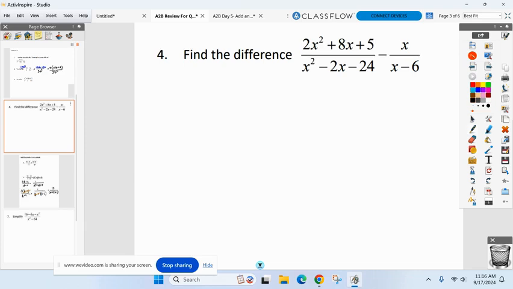And Leah, you notice what can you do with that first denominator? Factor it, just like we did yesterday, right? If you notice you're adding and subtracting, and you can factor one of the denominators, factor it. Good.